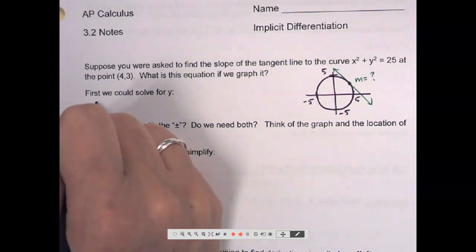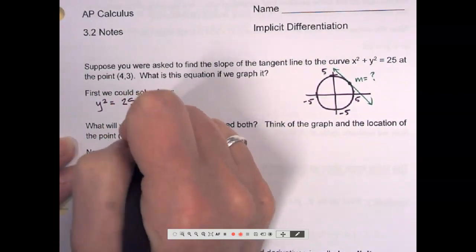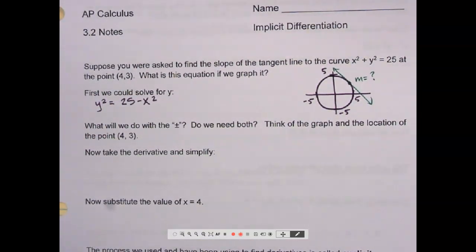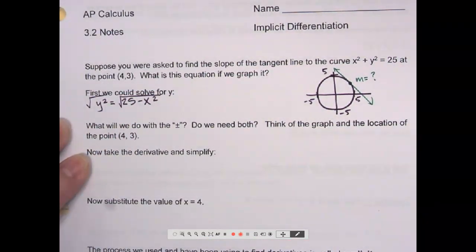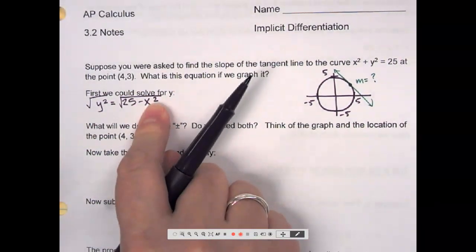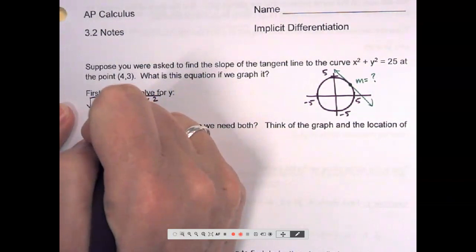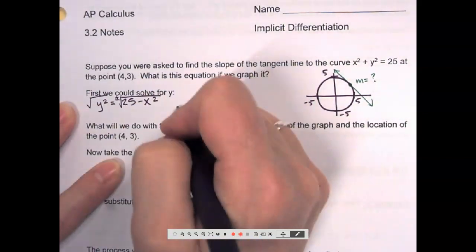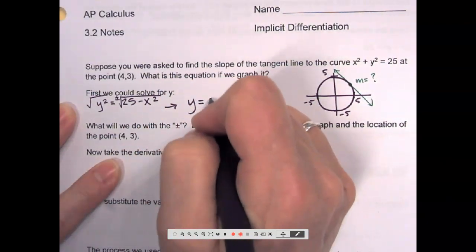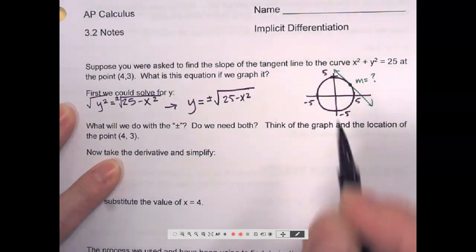So I would subtract the x squared from 25, and then square root both sides, using a plus or a minus. So I get y equals plus or minus the square root of 25 minus x squared.